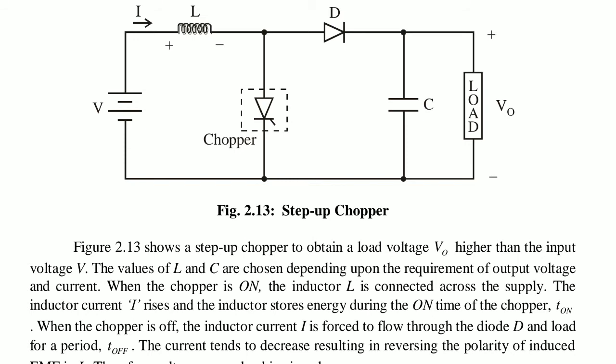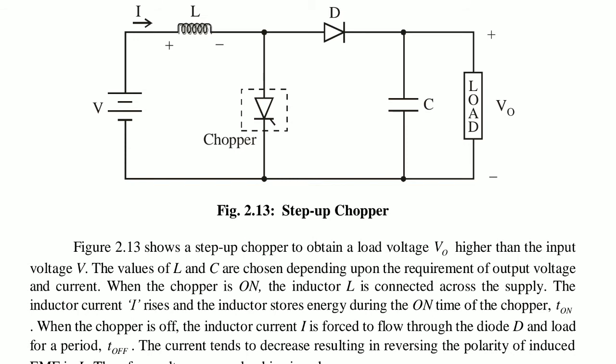the inductor L is connected across the supply, which will store the energy, and the inductor current I rises. So as soon as we turn on the chopper, the inductor stores energy according to its capacity, that is nothing but the inductance, and the inductor current rises to a particular value.